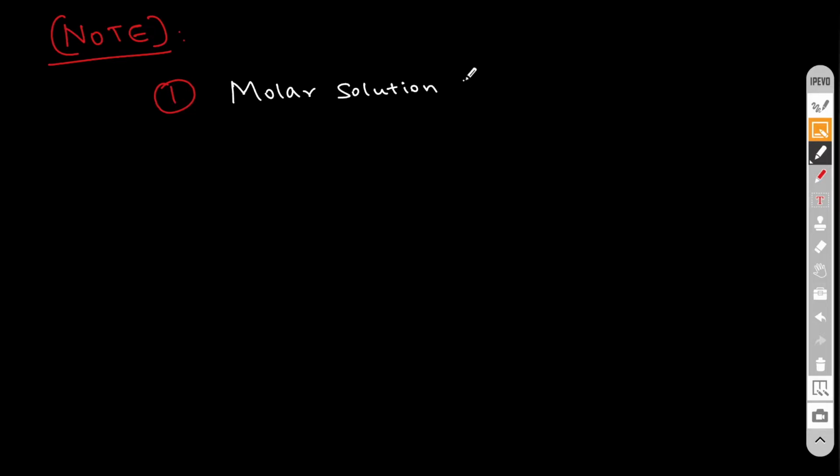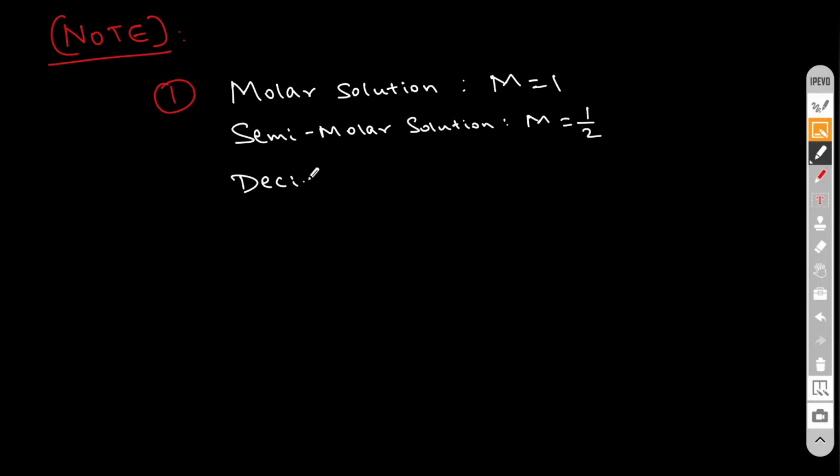Now moving further, we'll write two notes here. Note number 1 will be molar solution. When we mean molar solution, it means molarity is 1. When semi-molar solution is written in a problem, then molarity is 1 by 2.